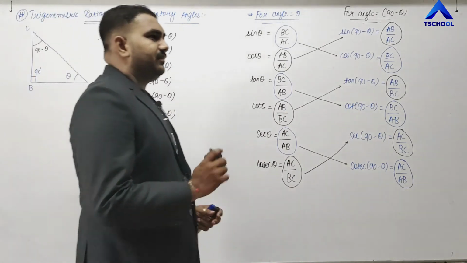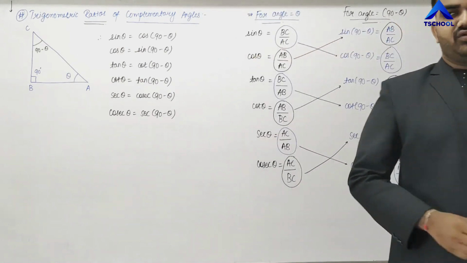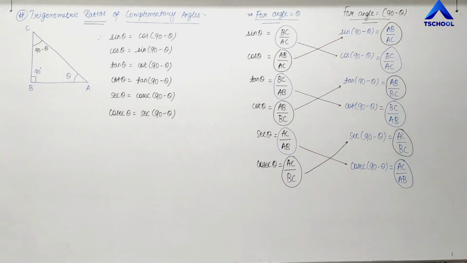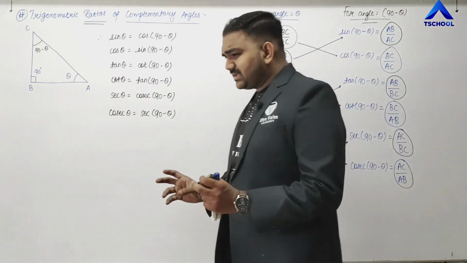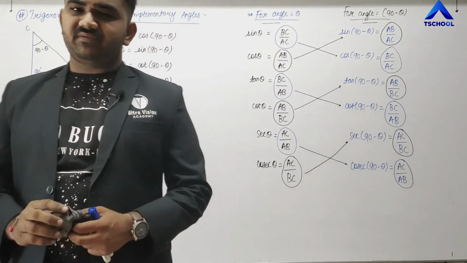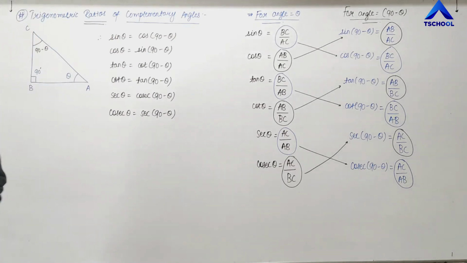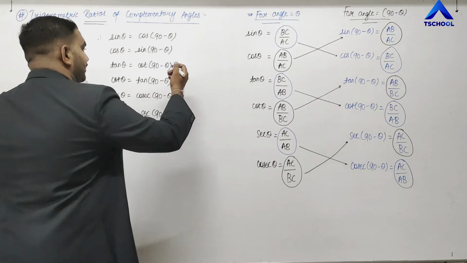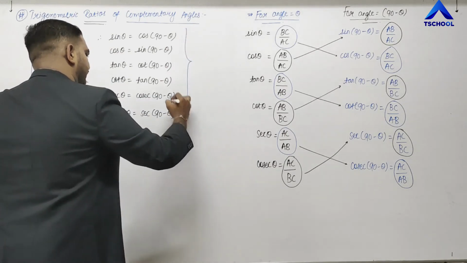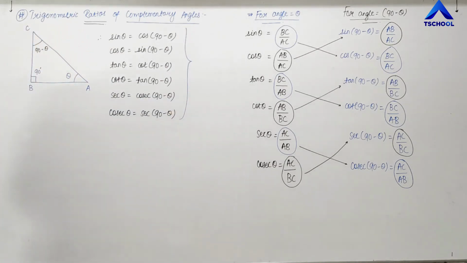Friends, main thing, you don't need to understand or memorize the derivation here. Understanding the derivation or memorizing the derivation gives you nothing. You just need to memorize these 6 points or these 6 formulas for complementary angles, and that's it for solving the sums related to the trigonometric ratios of complementary angles.